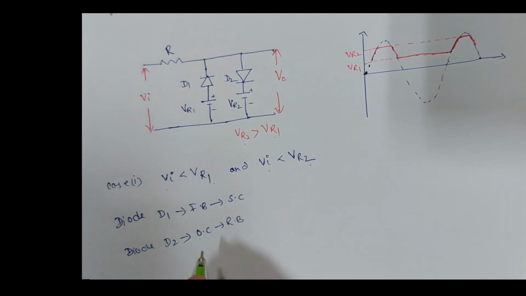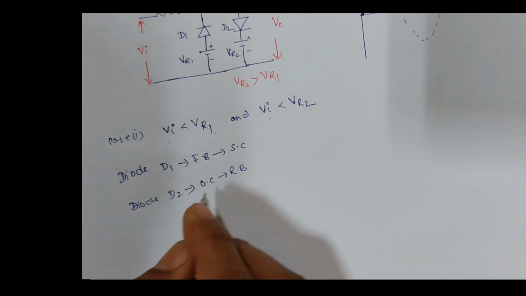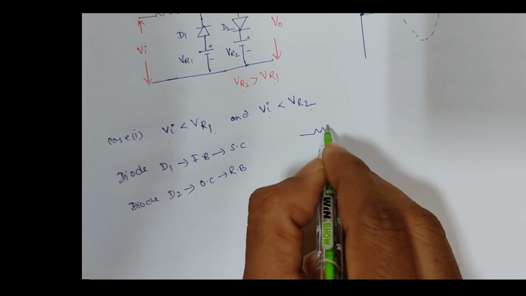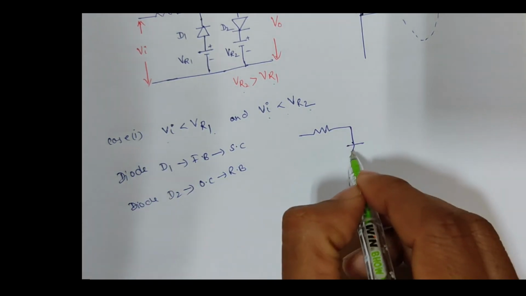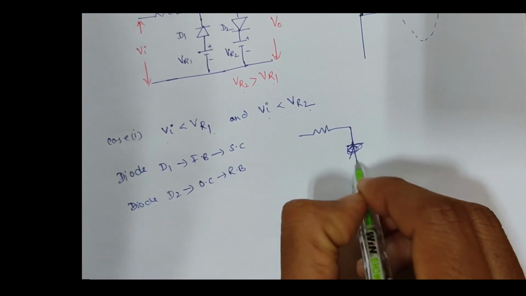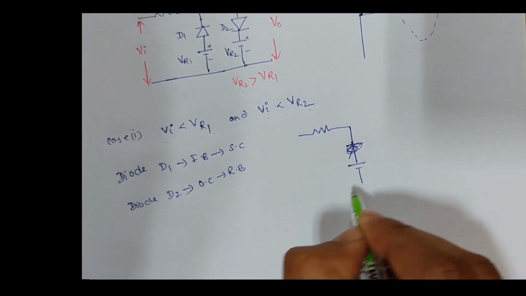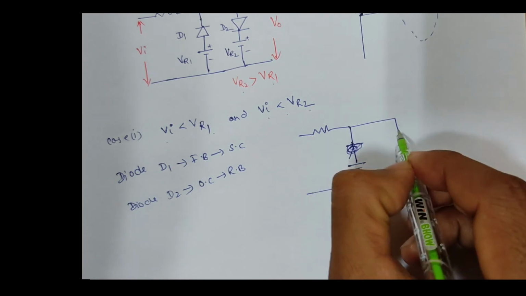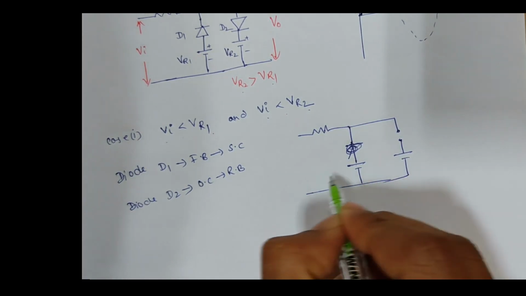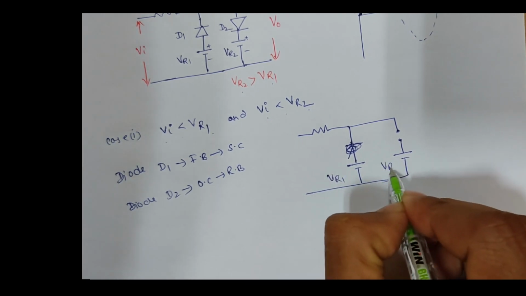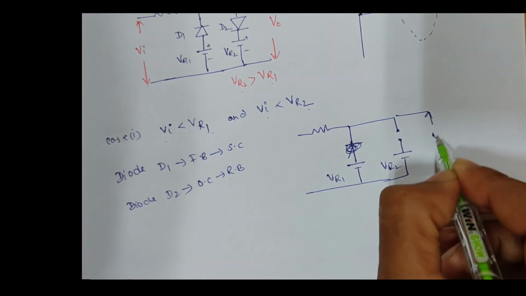So we can draw the equivalent circuit like this. It is short circuited, and this one is open circuited. VR1, VR2, here it is V0.